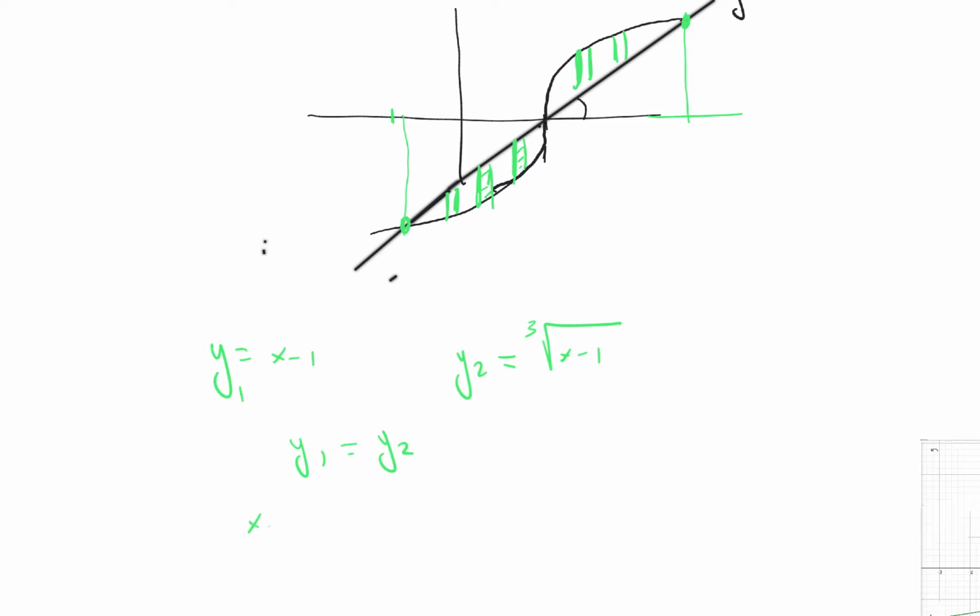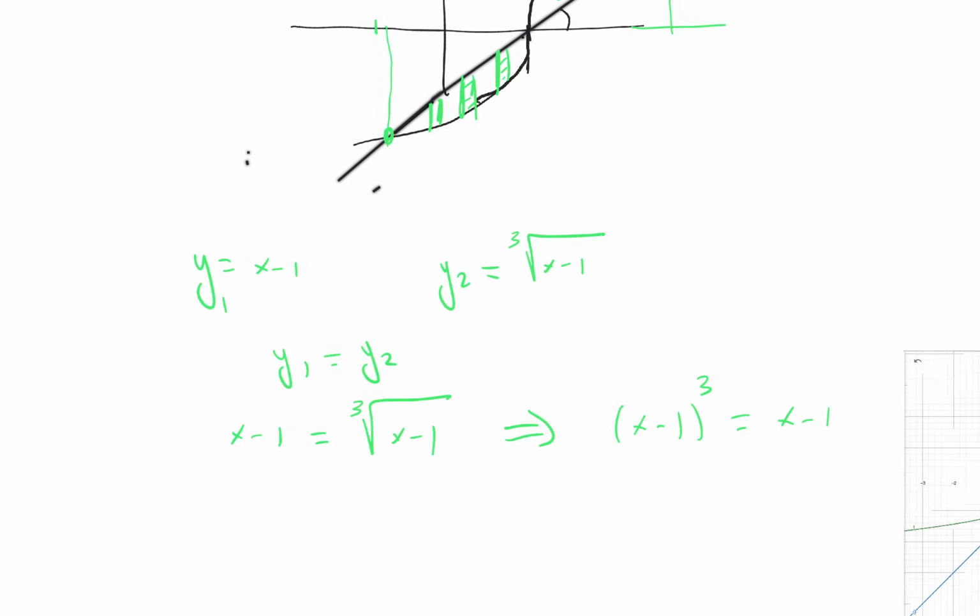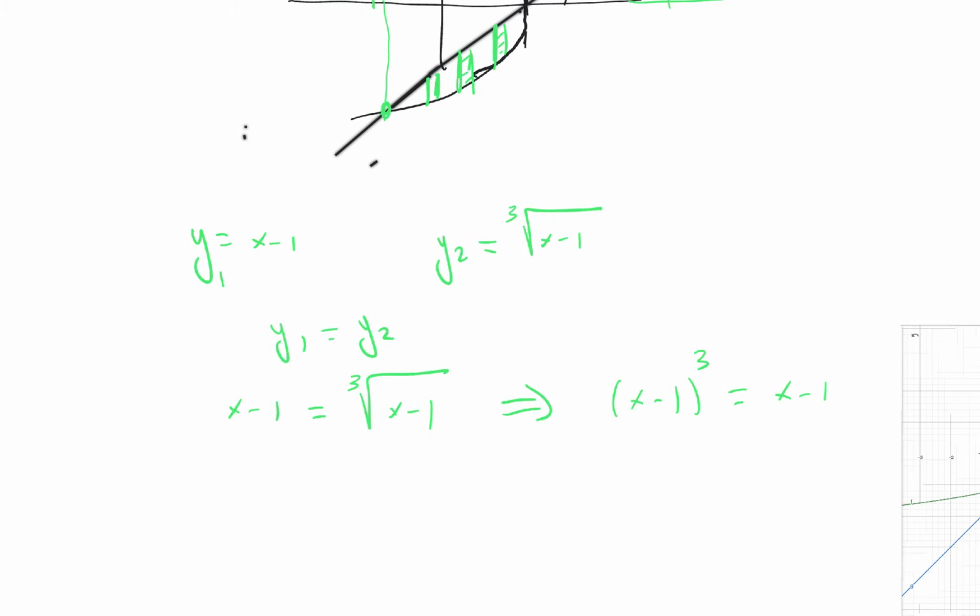It is when x minus 1 is equal to the cubic root of x minus 1. So this will allow me to find x. So let's find x. So x minus 1 cubed is equal to x minus 1. So how will I solve this equation?